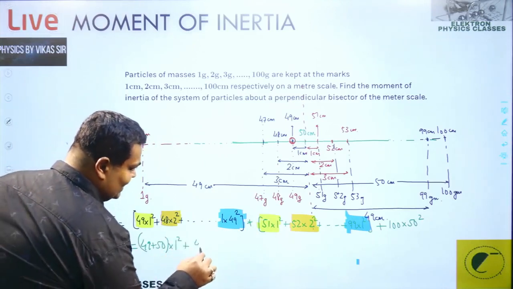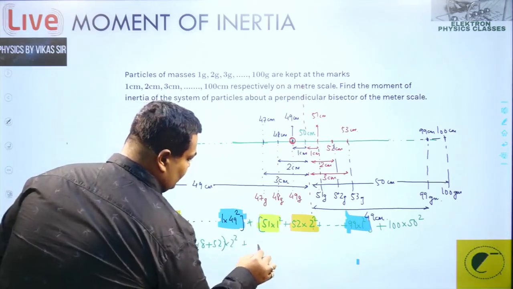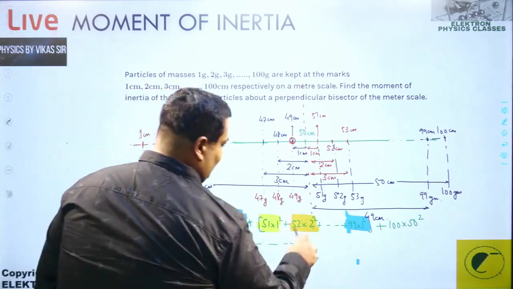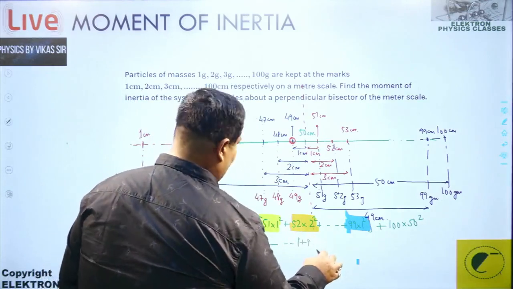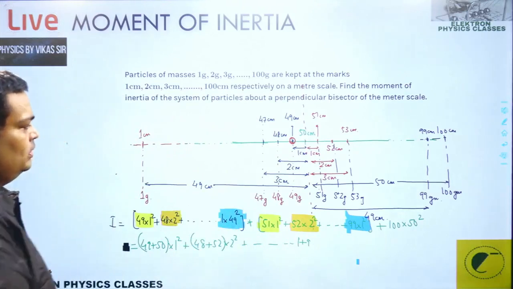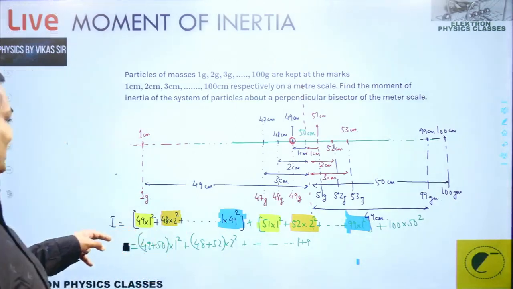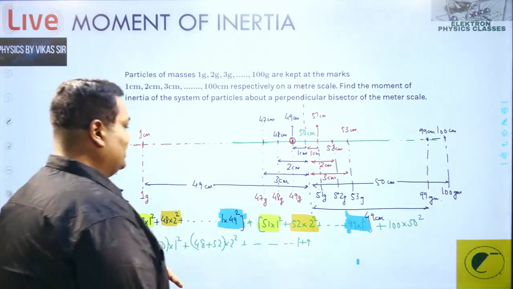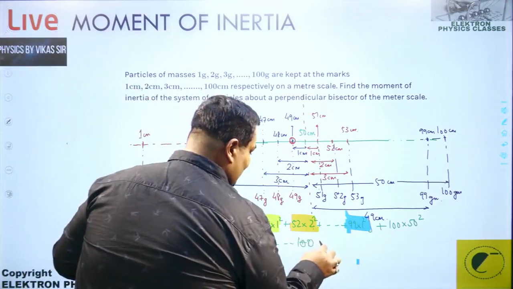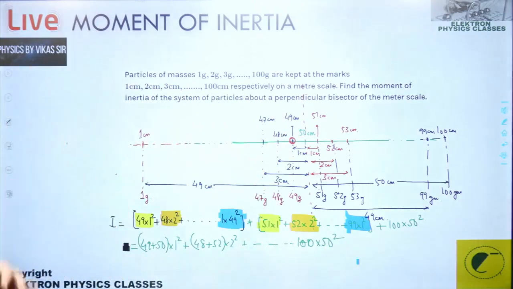Then the next one, that is 48 plus 52 into 2 square, and so on. So over here, you will get 1 plus 99 over here. And the last sum over there, that is 100 into 50 square. Keep adding. So what do we get?